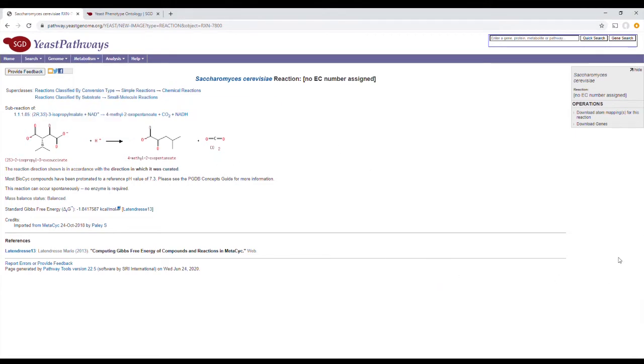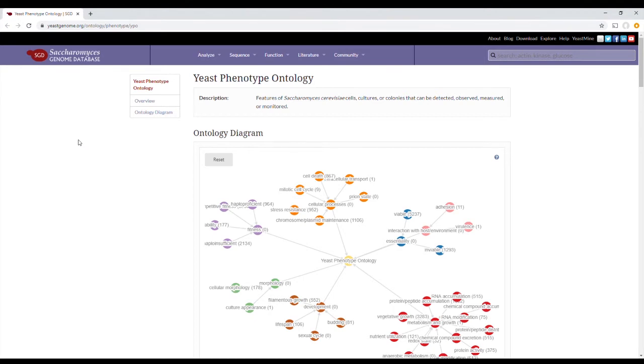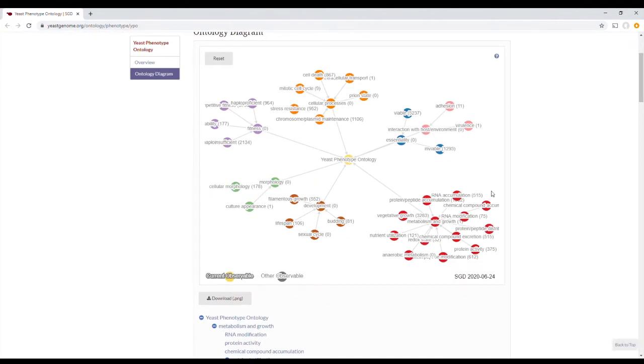Now, another offshoot of this that we previously pulled up, and here's my other tab, which was my different phenotypes. Okay, so this is going to give me a map of different phenotypic categories and how you can look at them.